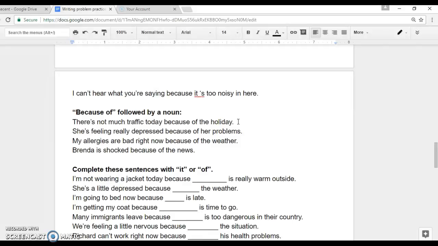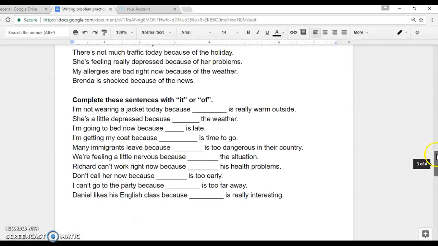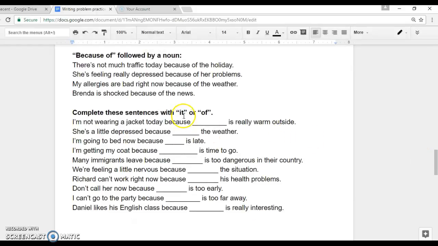There's no complete sentence such as there were in the previous examples where you had it is and a complete sentence. All right, so I want you to do this activity and I want you to decide whether to complete the sentence with it followed by a verb or of followed by a noun.